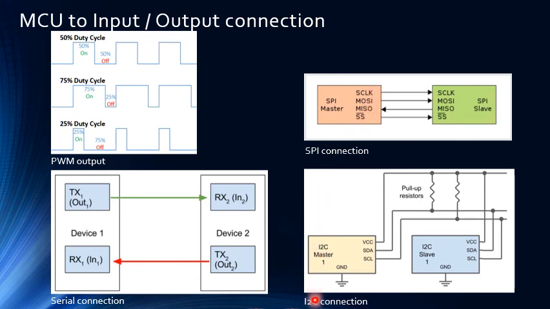For the I2C connection, SDA and SCL. This is how one device connects to another device. But in detail, what is SPI? What's the difference between I2C and serial connection? I will cover that in the next few weeks.